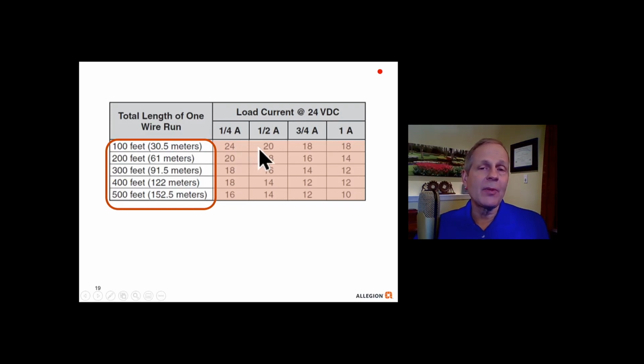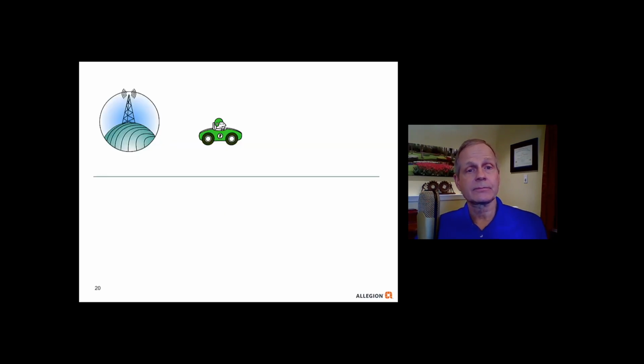Let's say, for example, you had a device that's going to draw a half amp of current, and there's 100 feet between the devices. It means that you would have to use a wire gauge of 20 AWG in order to get that to work properly. So once again, this chart is pre-calculated for you. You do not have to calculate this yourself. You can reference this chart. There would be a different chart for 12 volts DC.